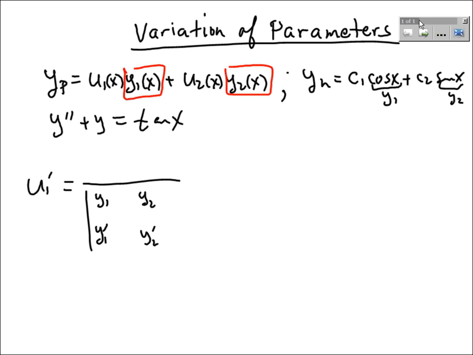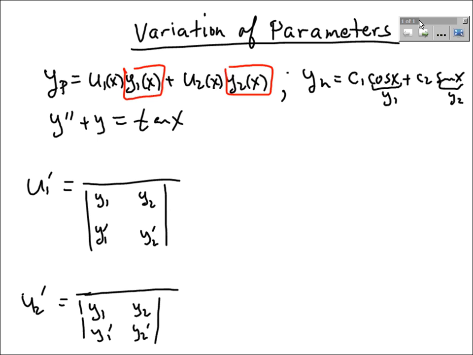For the record, when it comes to u2 prime, the bottom is going to be y1, y2, y1 prime, y2 prime, the determinant of that. The numerator is going to be the same, except when you're dealing with u1, the first column will be different than that determinant. That is, the second will be the same. y2, y2 prime.